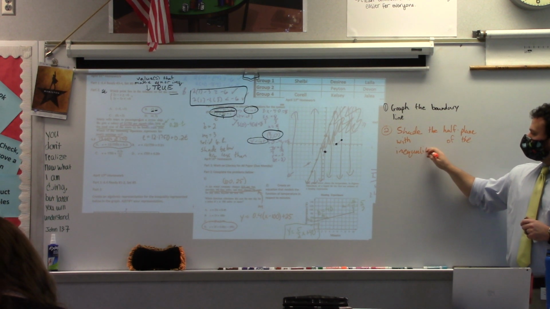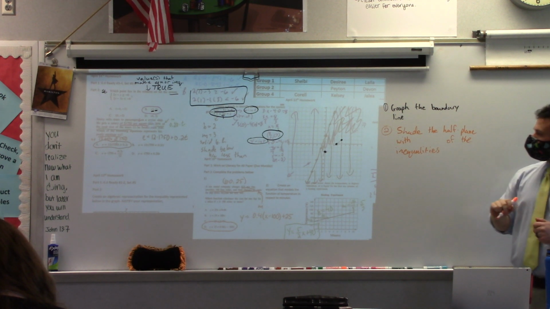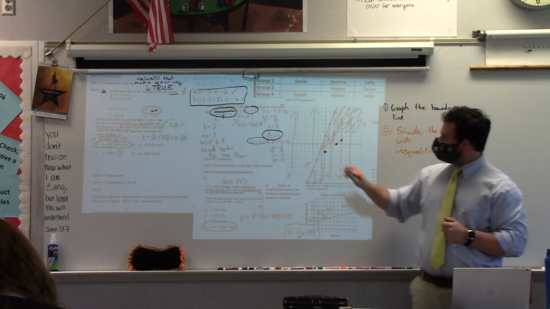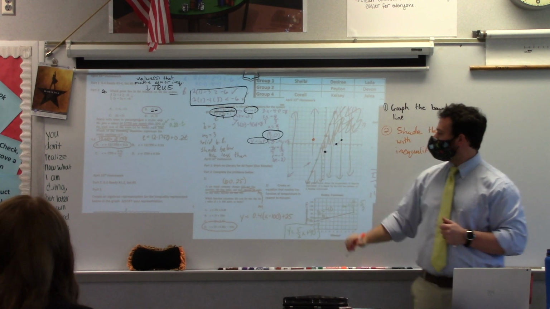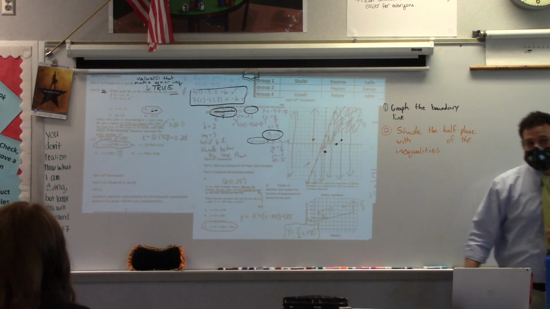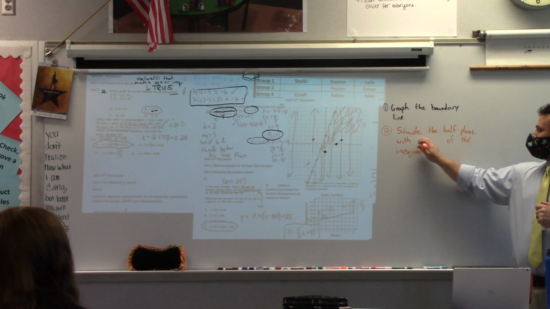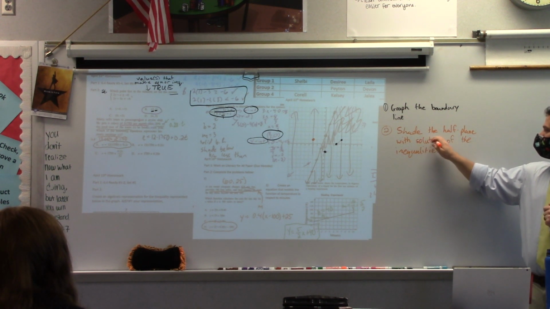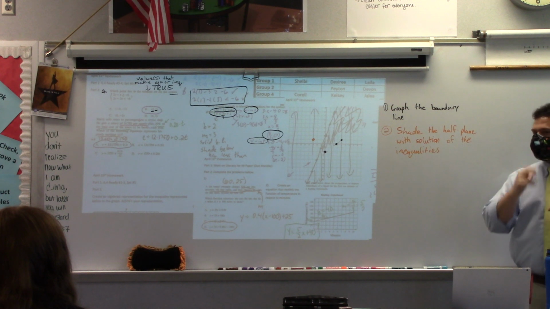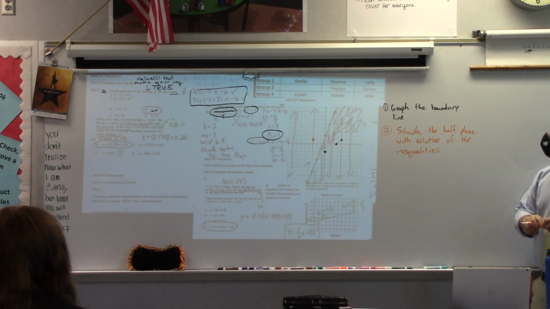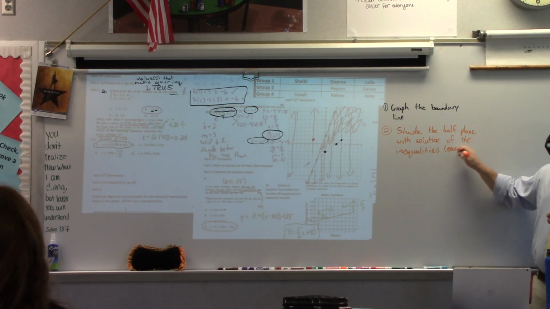The inequality. What should this point do? Make it true. So what am I shading? Shade the half plane with the solutions of the inequalities, right? Yeah, something like that. So notice we're just going to do that for each inequality.